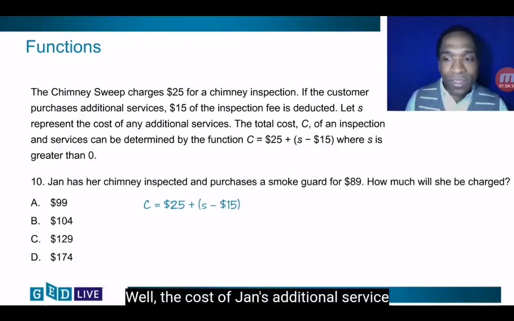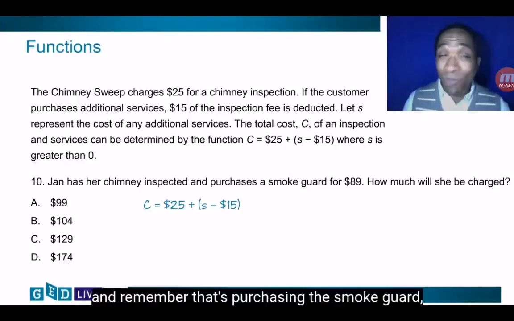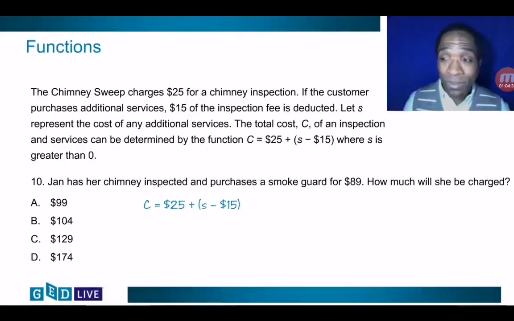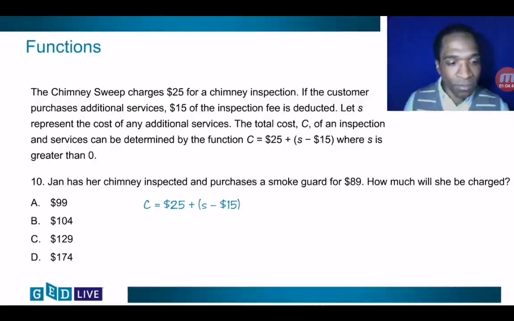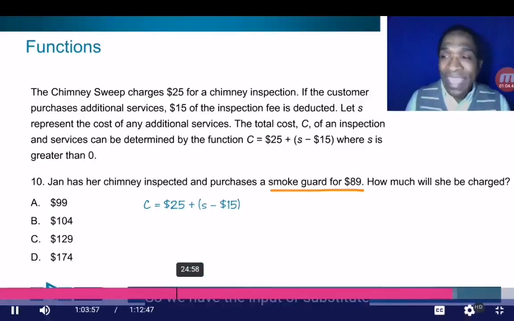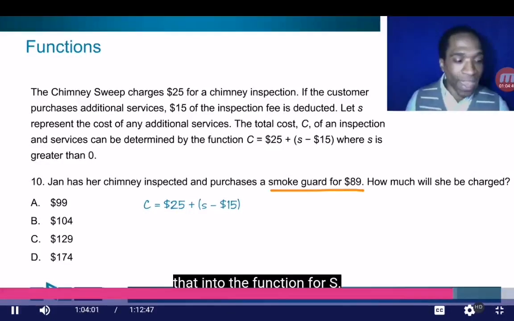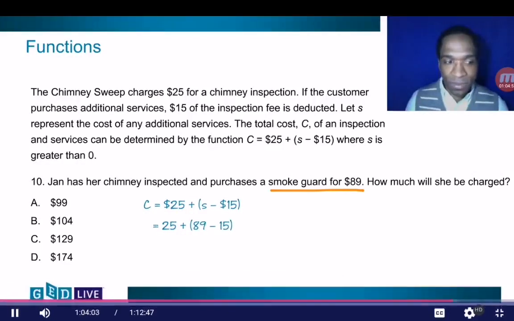Well, the cost of Jan's additional service, and remember, that's purchasing the smoke guard, that's $89. It tells us here. So we have to input or substitute that into the function for S like this.